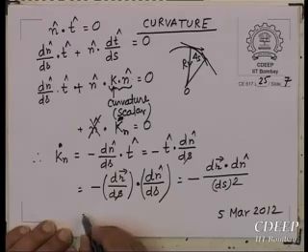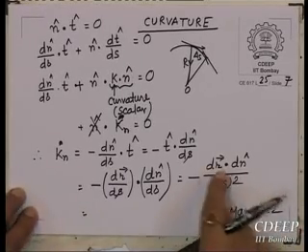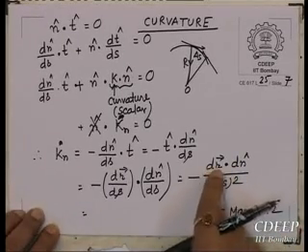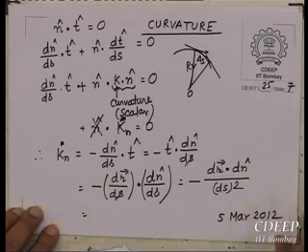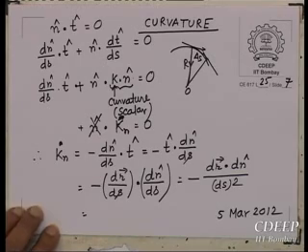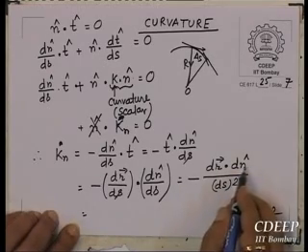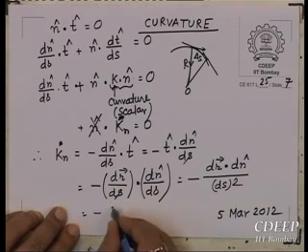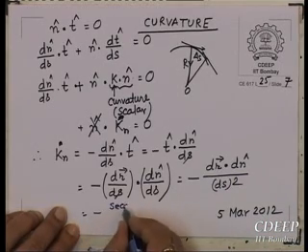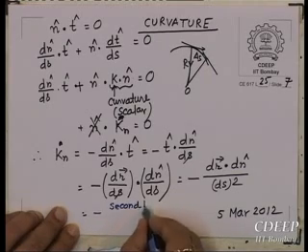By the way, one more explanation. Whatever formula you get by taking the dot product of dr dot dn, we call the second fundamental form. This numerator, with the minus, is called the second fundamental form.